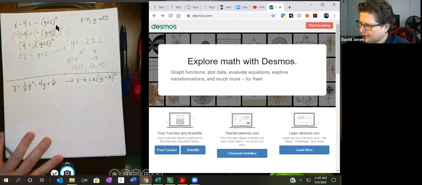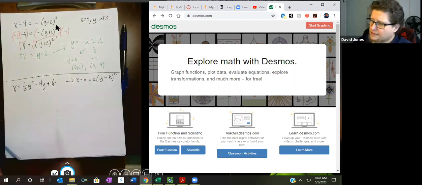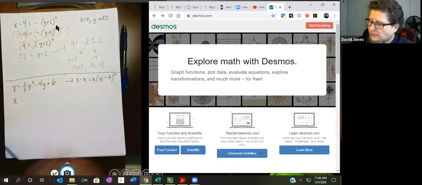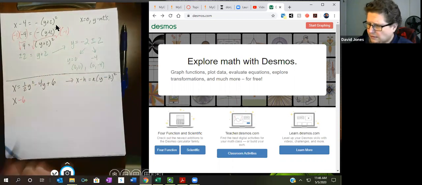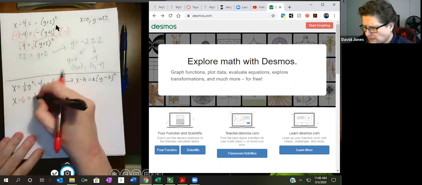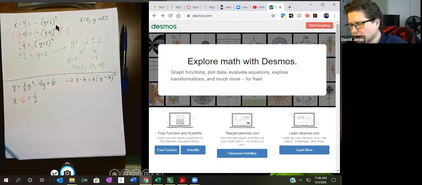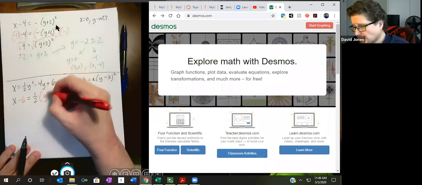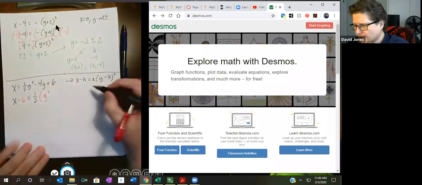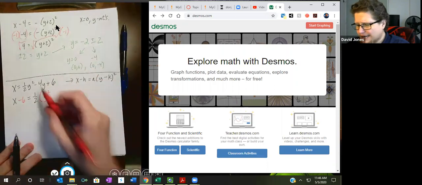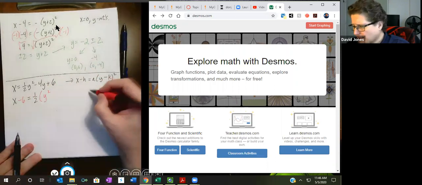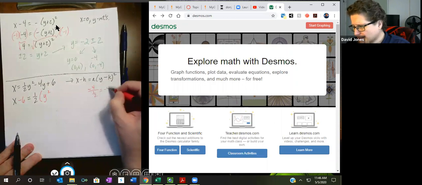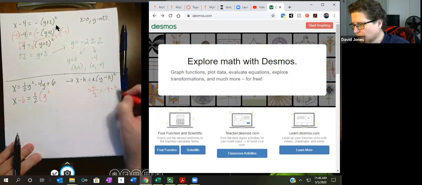I'm going to factor out the 1/2 right now as well. What I'm doing is dividing each of these by 1/2. -4 divided by 1/2 is the same thing as -4 times 2 over 1.